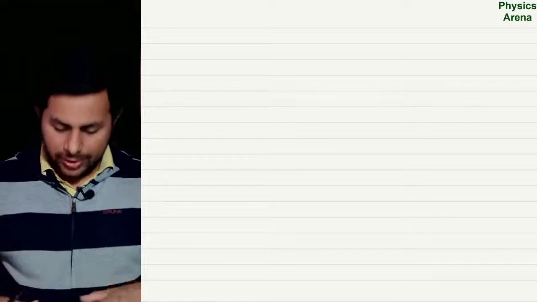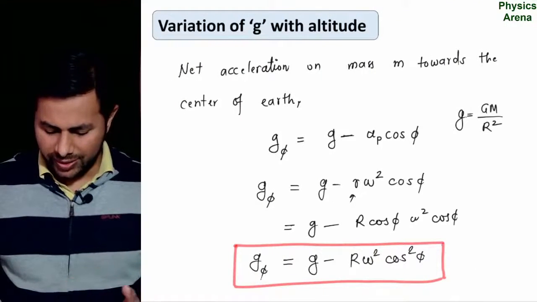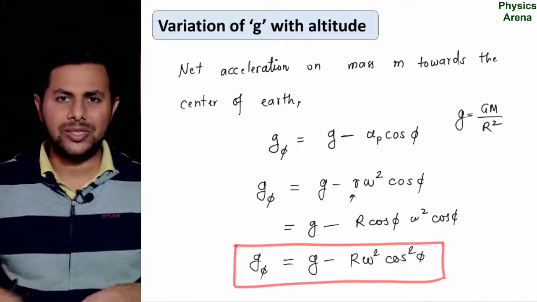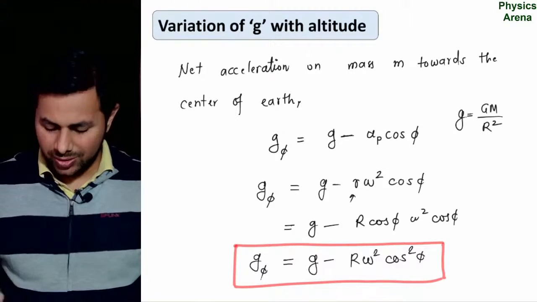So where will this formula be maximum? Sorry, where will this acceleration due to gravity be maximum and where will it be minimum?